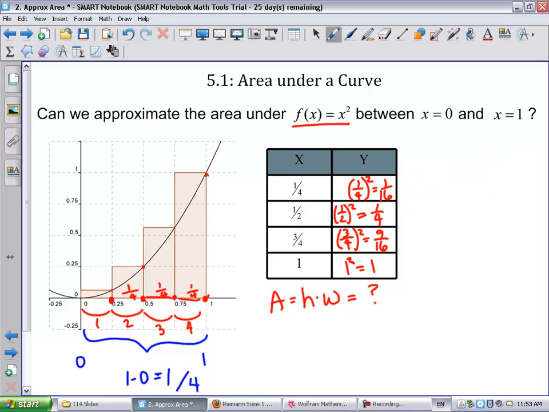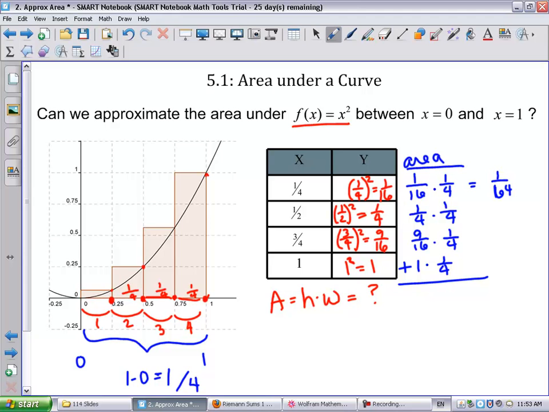All right, so rectangle 1, maybe we can go right here. The area of rectangle 1 is 1/16 times 1/4. The area of rectangle 2 is 1/4 times 1/4. The area of rectangle 3 is 9/16 times 1/4. And the area of rectangle 4 is 1 times 1/4. So if we add all those up, we're looking at 1/64.